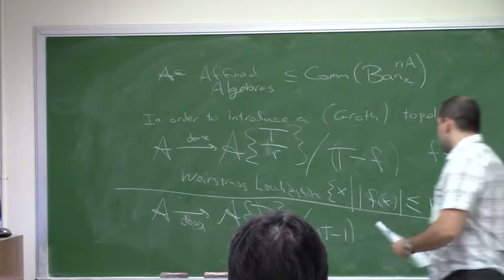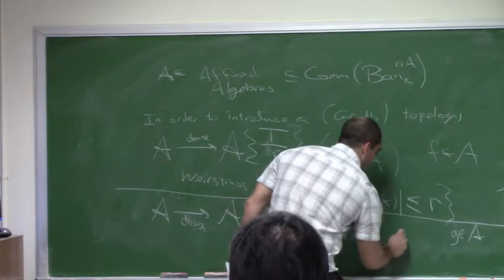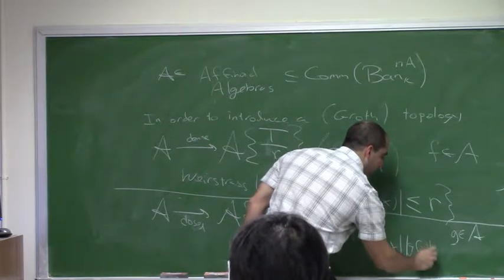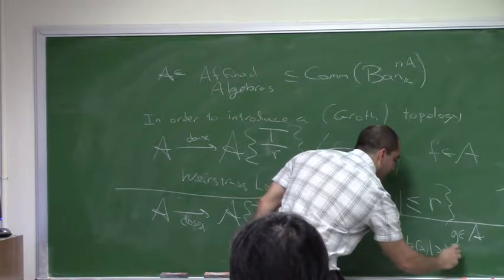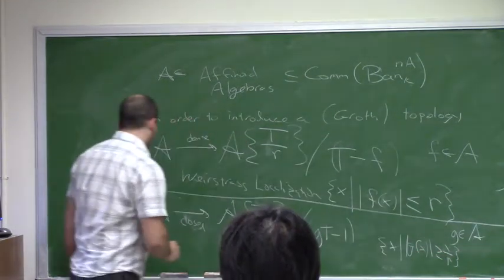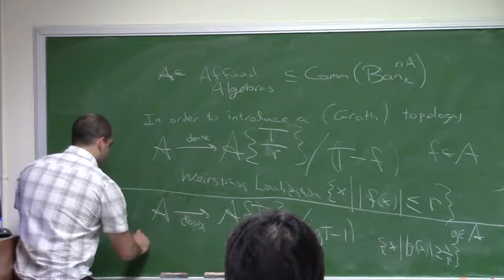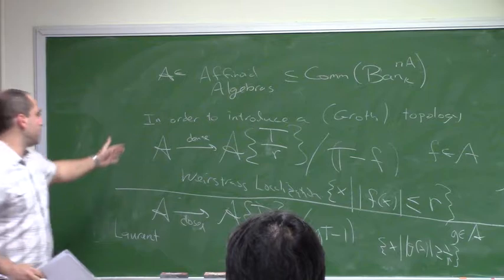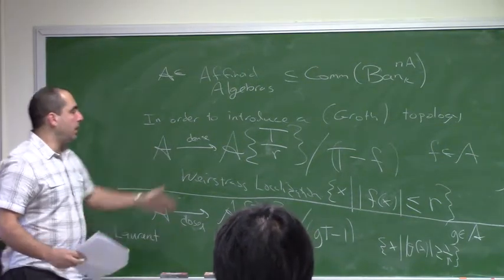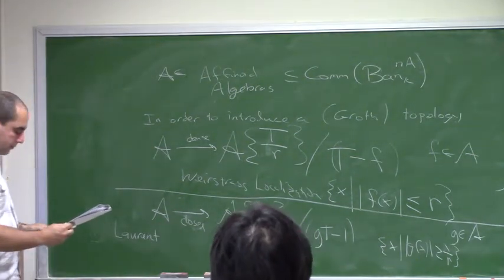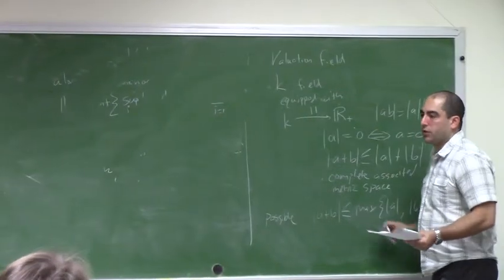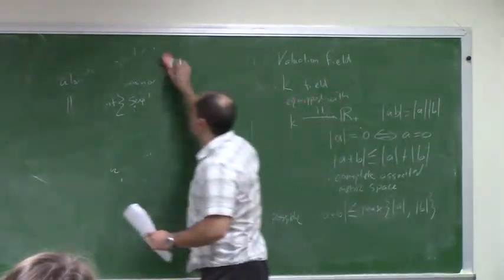And this you should think of as g of x is bigger than 1. So these are called Laurent. And then of course you can iterate: you can do one of these and then add another variable and go back and forth. So this generates something called the Lead G topology on the category of affinoids. It's really the opposite category to affinoid algebras.